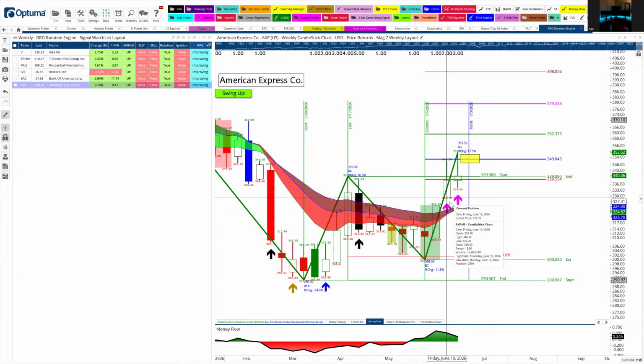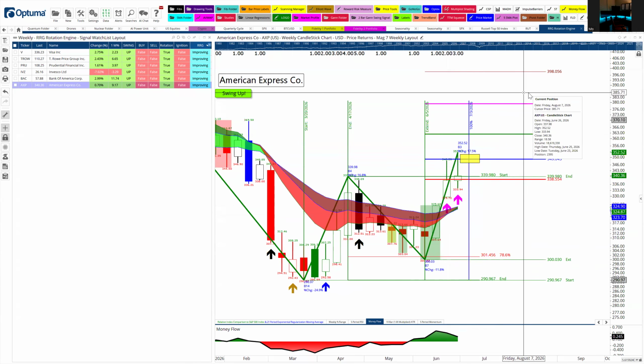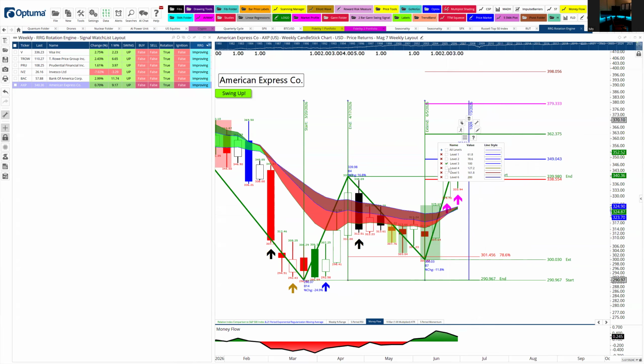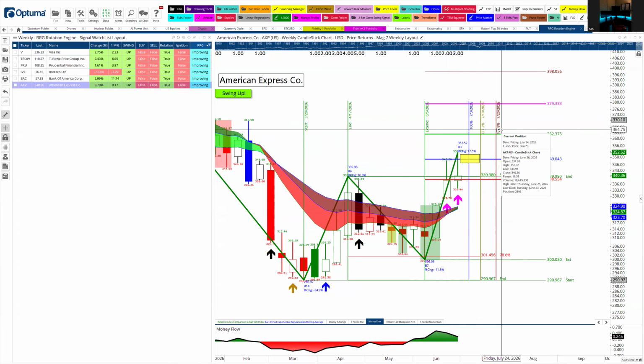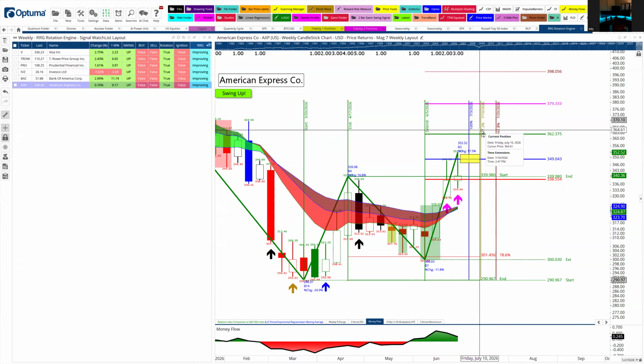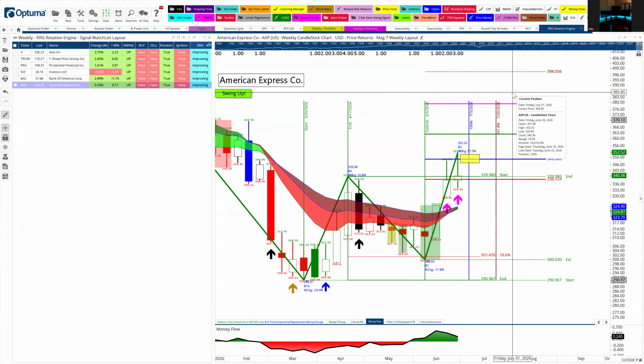Now the question is with AX, American Express, is the stock going to advance week after week to the upside? So we could do 127, 61.8. Keep this in July.